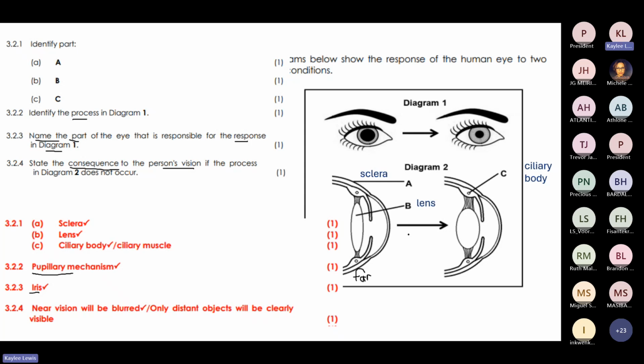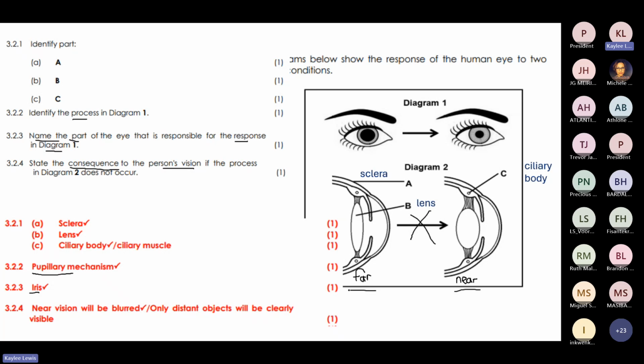And it's going to a more biconvex lens, so it's bulging out more. That's what's happening over here. But now they're saying state the consequence to the person's vision if this process doesn't happen. Well, the person would see blurry images when looking at nearby objects, or only distant objects, far objects, will be clear.